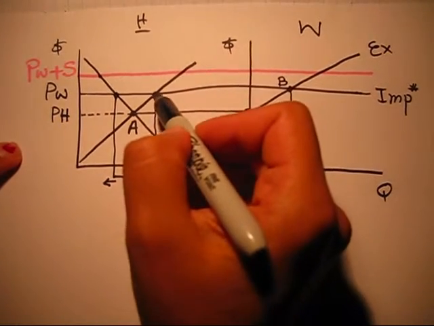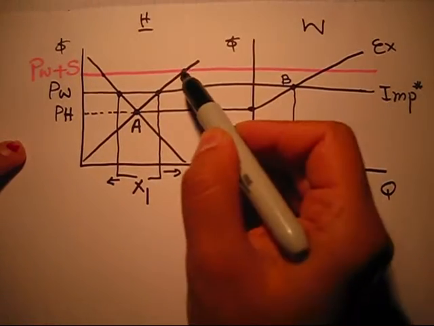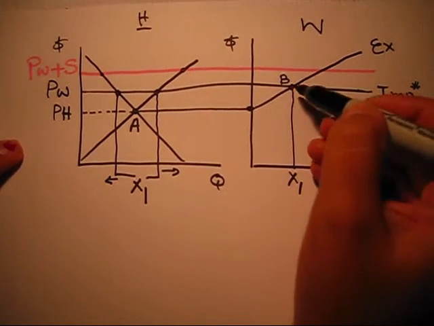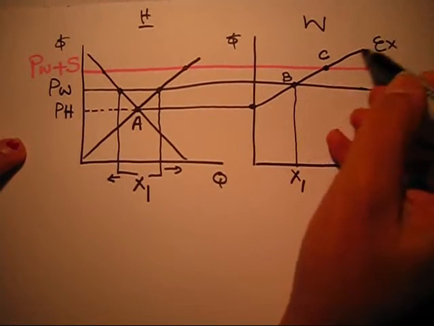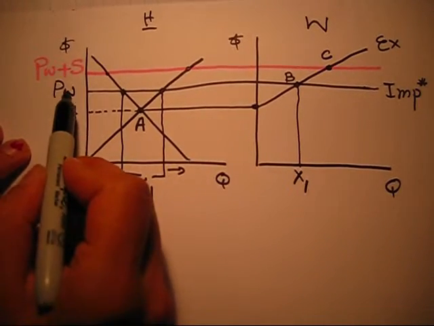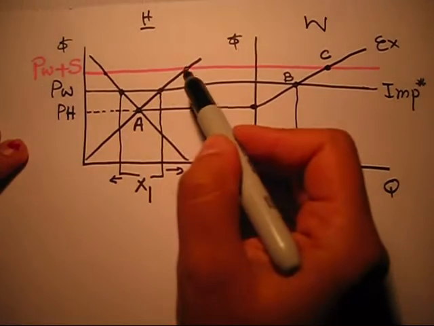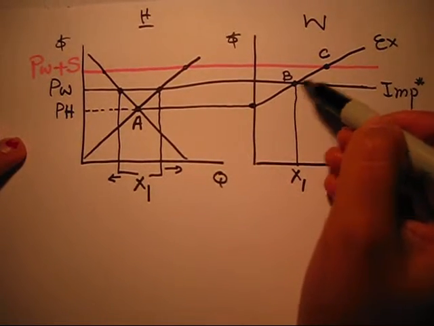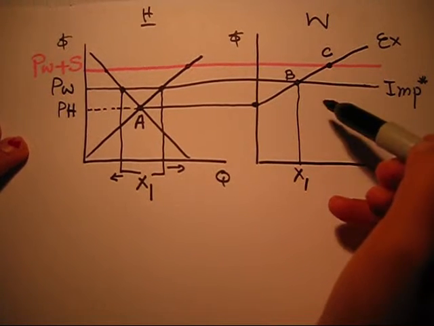Quantity decreases, and home production increases. You see, originally it was here, now it's here. It causes exports to foreign to increase too. So we see a movement from point B to a new point called point C, along the EX curve. So number one, due to the increase in world price due to subsidy, home production and of course exports increase. That would be a movement along the home export curve from point B to point C.